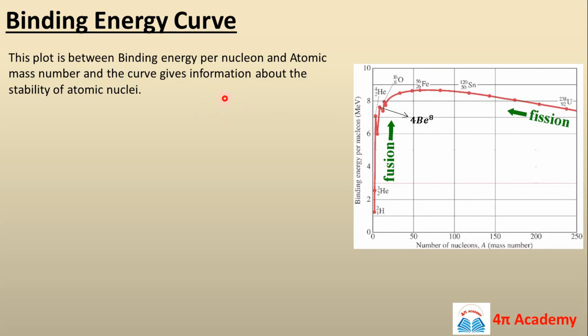In this way we get a number in a small range so that we can compare the binding energy and the stability of these nuclei. If we plot a graph between binding energy per nucleon and the mass number A, the graph is known as the binding energy graph or binding energy curve.